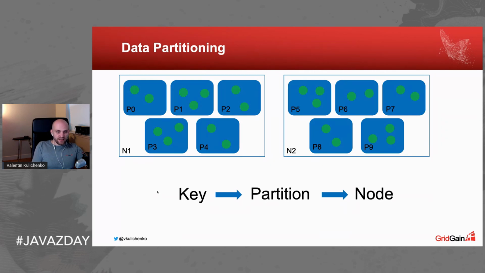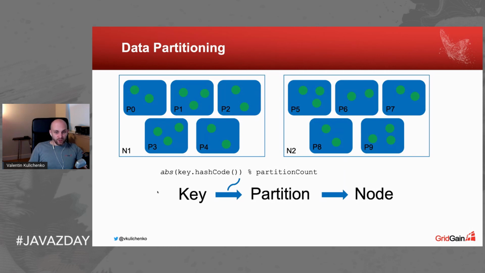So now to get from key to the node, we need to go through this two-step process. We first need to map key to a partition number and then partition to the node. And for the first step, we'll use the exact same hashing function that we had before. So we get the hash code, we get the absolute value, and then apply the modulo function. But instead of using the number of nodes here, we use the number of partitions.